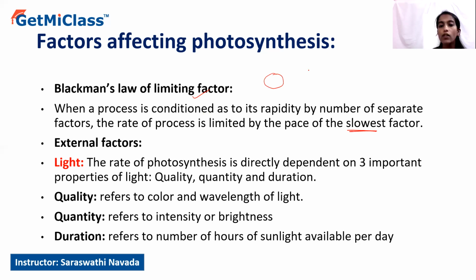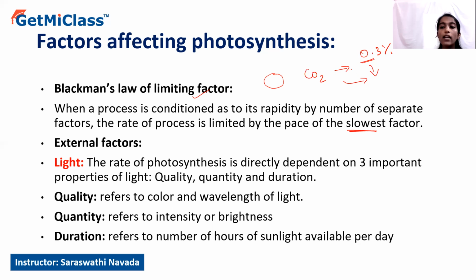It is explained with reference to the concentration of carbon dioxide. Atmospheric carbon dioxide is just 0.3%, right? So it acts as one of the major limiting factors in photosynthesis. If its concentration is decreased, the rate of photosynthesis will slow down even though light as well as water is available.